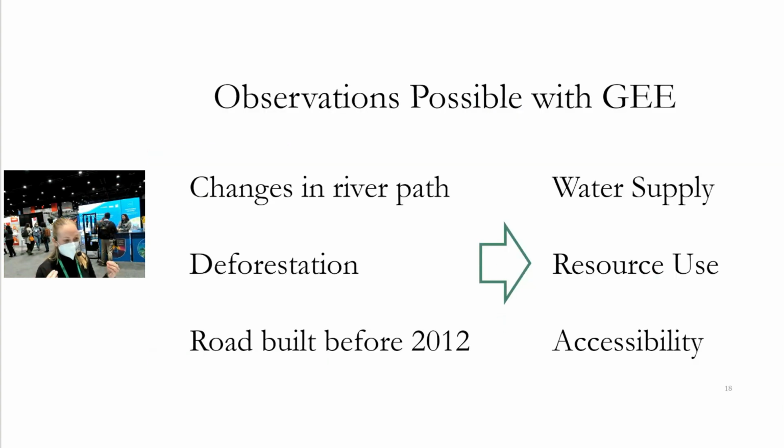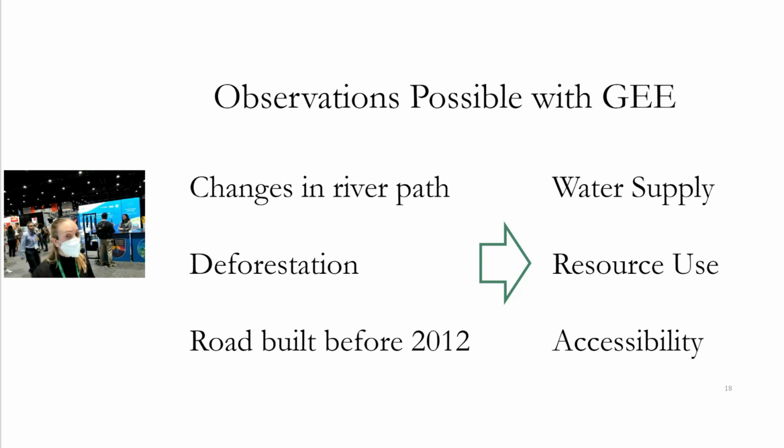And so what did we just do with Earth Engine? What was it possible to do with just this simple set of clicking? We saw the change in river path, which might have design implications for water supply. We saw deforestation, implications for resource use. And the other one I didn't mention, but you can see that a big road was built.